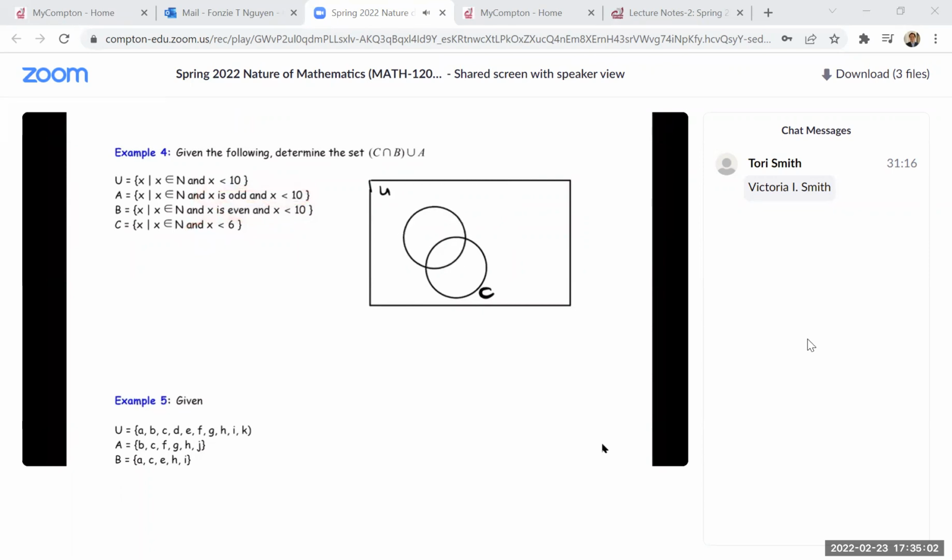Looks like they will. And then B and C will also have some numbers in common. So let's draw the picture more like this. All right, so this one is B.